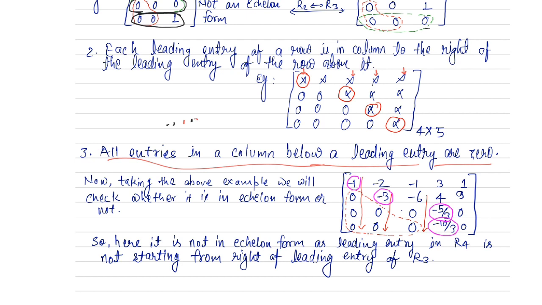So all the entries below the leading entry, so below this, below this, below this, and below there's nothing, must be 0. Here we can see all are 0, all are 0, this is 0. So this condition also must be satisfied for a matrix to be in echelon form.